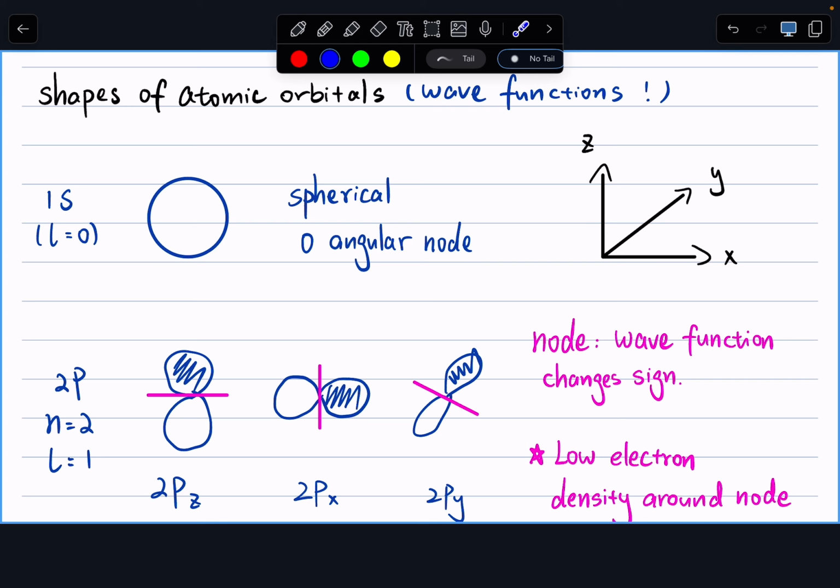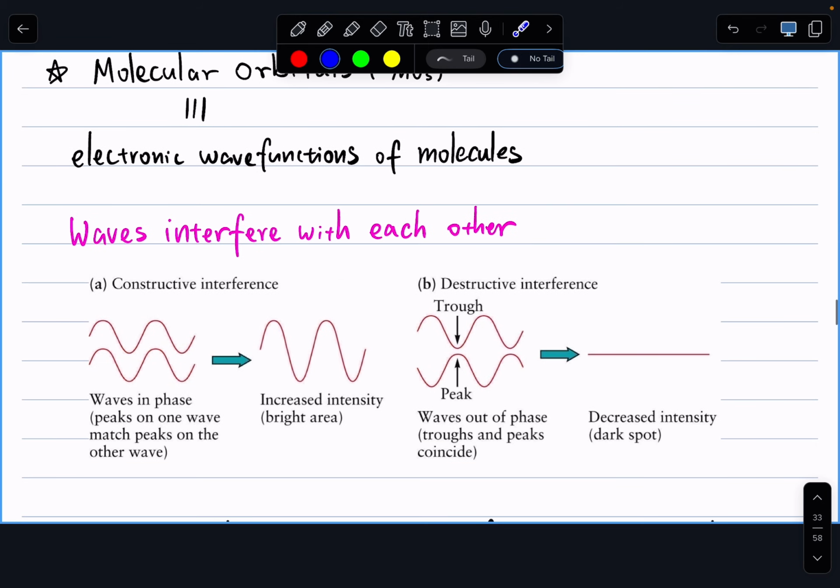We know that these atomic orbitals are wave functions, meaning they behave as a wave. What is the iconic property of a wave? If we look at just a simple plane wave, whenever you have two waves, like two sine functions, meet each other, what will happen? These waves will interfere with each other.